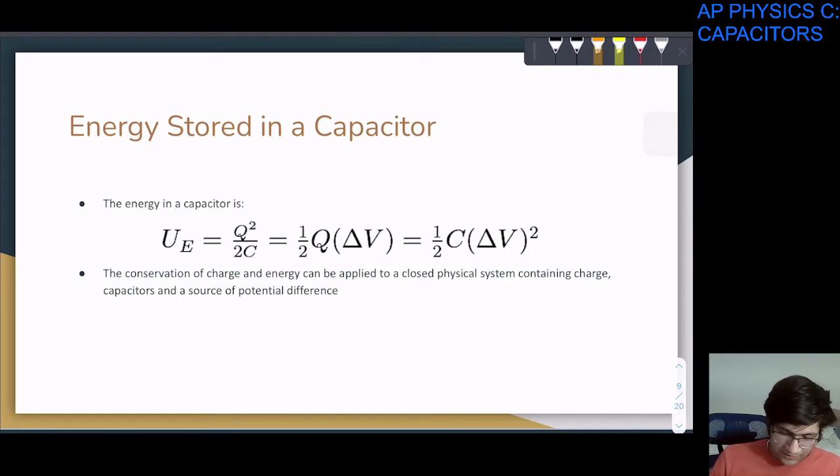And similarly, if you substitute in the second formula here for Q, then you end up getting this third formula, 1/2 C times the voltage squared. And the conservation of charge and energy can be applied to a closed physical system containing charged capacitors and a source of potential difference.